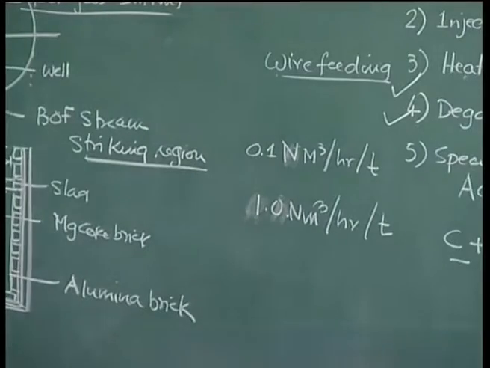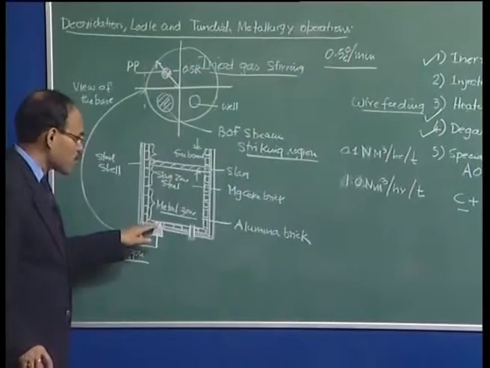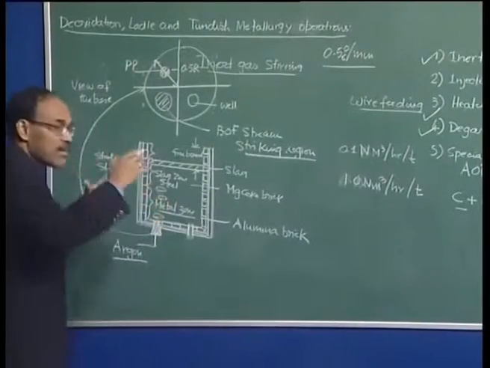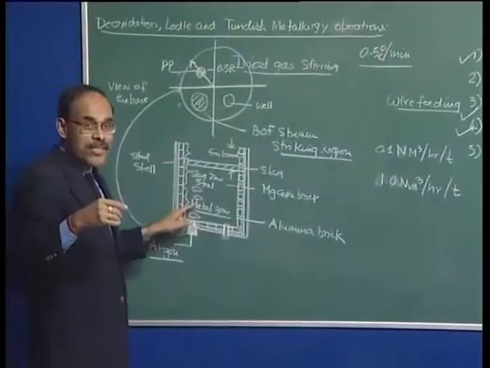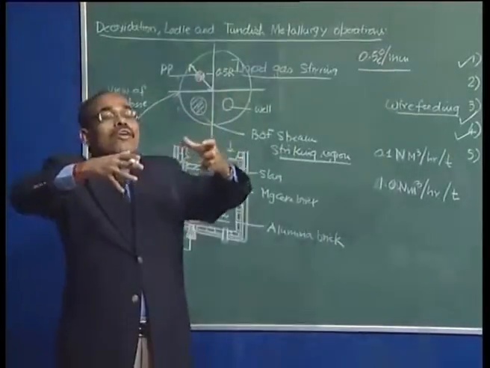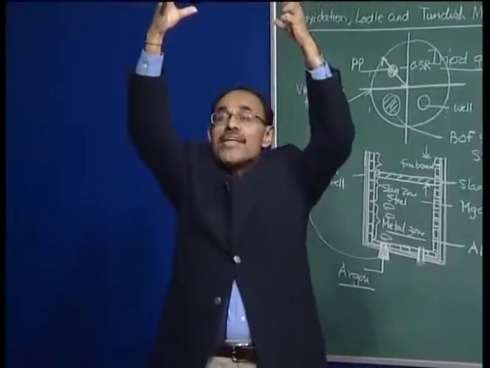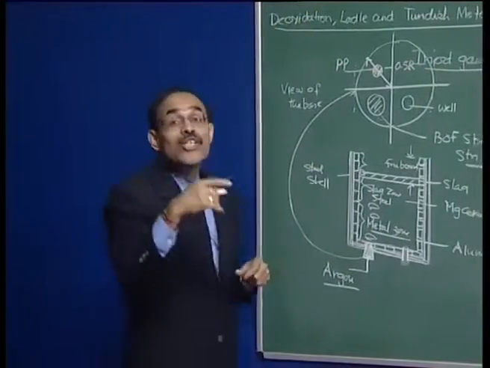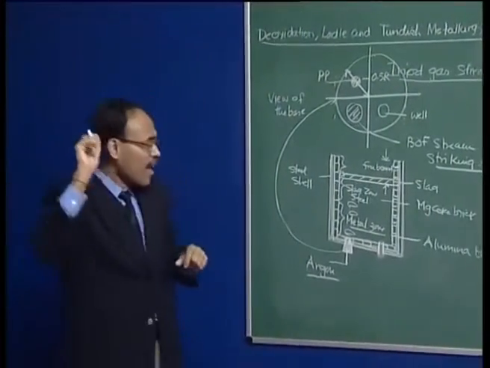Now let us look at what happens when you introduce gases. When you introduce argon gas through the bottom, this argon gas rises because the gas has buoyancy, just like if you go to a thermal power plant, you will see a big long chimney, and through the chimney the smoke comes out, and that is called a smoke plume, which rises vertically upwards because it is lighter, it is at higher temperature.